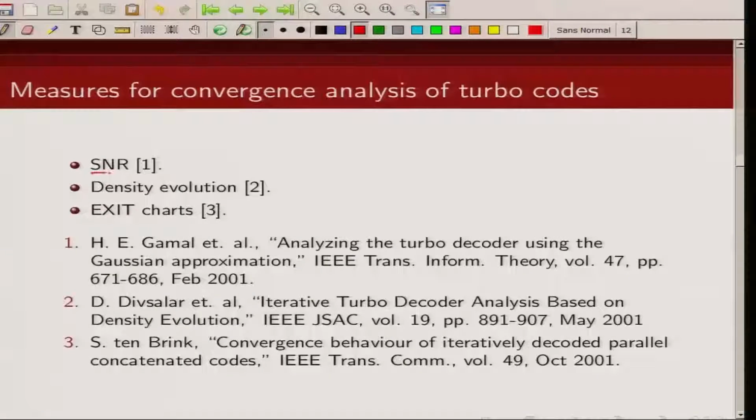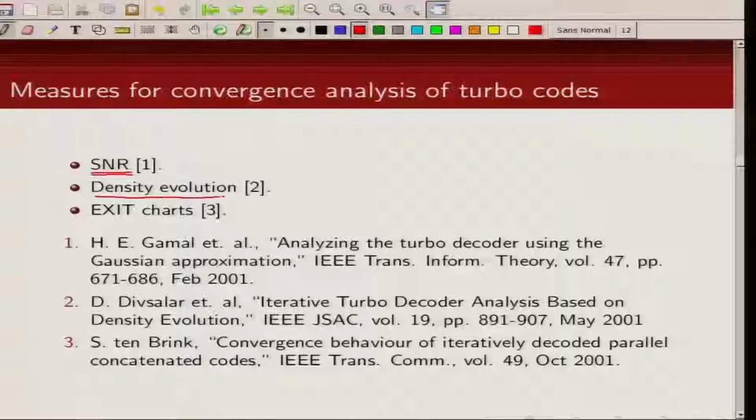The technique by Al-Gamal makes use of Gaussian approximation, and it tracks the signal to noise ratio of the extrinsic information and observes how this SNR grows when you change the SNR of the a priori information.